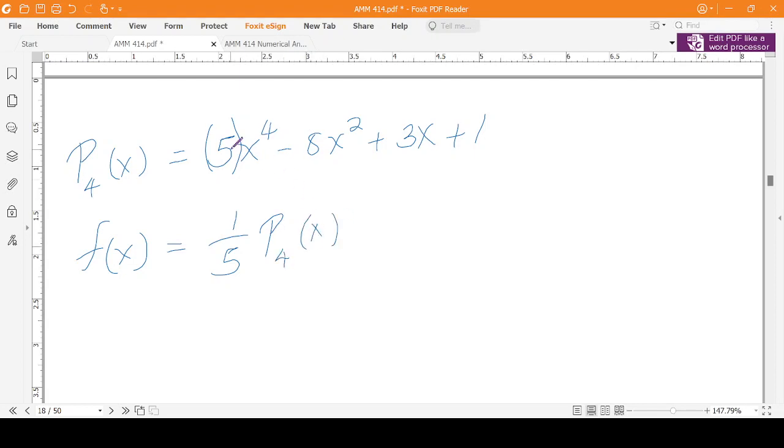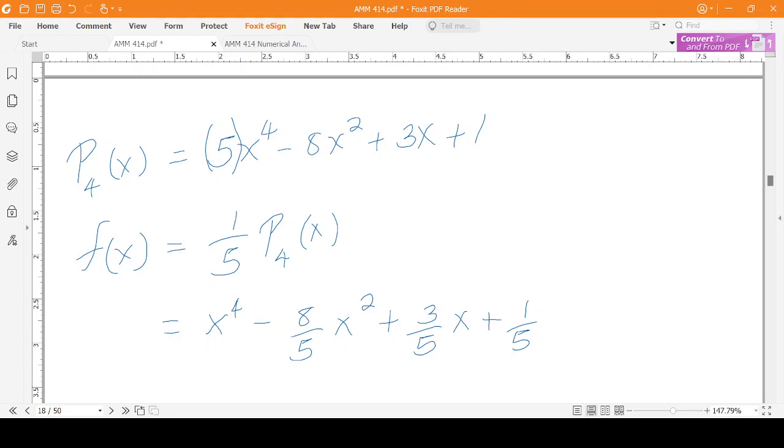So this means that we divide each term of this polynomial p4 by 5. The first term will give us x raised to power 4. The second term will give us minus 8 over 5 x raised to power 2. The next term will give us 3 over 5 x raised to power 1, and the last term will be 1 over 5.